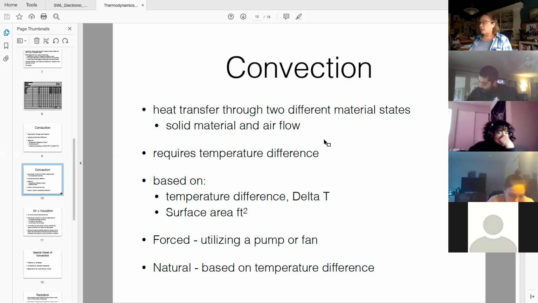So convection is between two different types of materials, or states of materials. Again, it requires a delta T, the temperature difference, and just the surface area. It's no longer looking at the conductance of the materials.